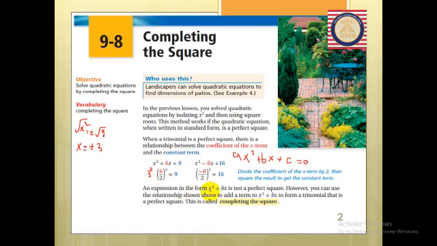So if I have an expression x power 2 plus bx that is not a perfect square, however, you can use the relation shown above to add a term to x power 2 plus bx to form a trinomial that is a perfect square. This is called completing the square.